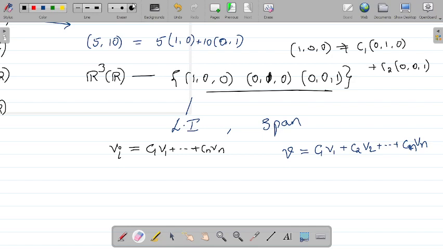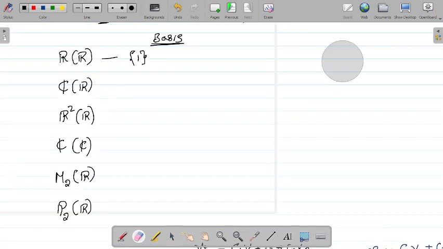So the basis for this is 1. If you give me 1, I can give you any element in the real numbers. If you want 5, from my scalar bag I'll take 5 and multiply with 1, I get 5. Not only 1, you can take any, let's say 2, this is a basis set, and similarly 3, but this one is the standard basis.